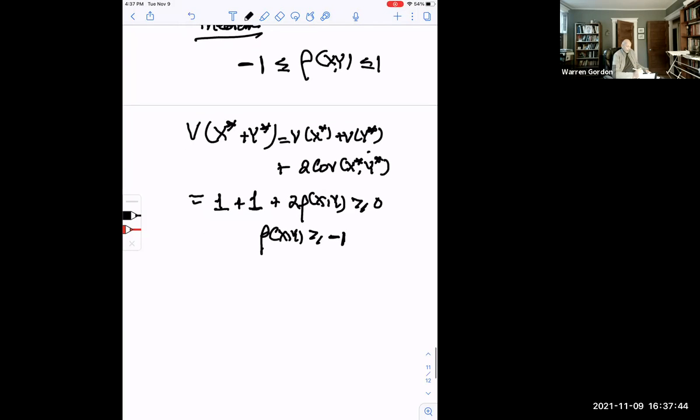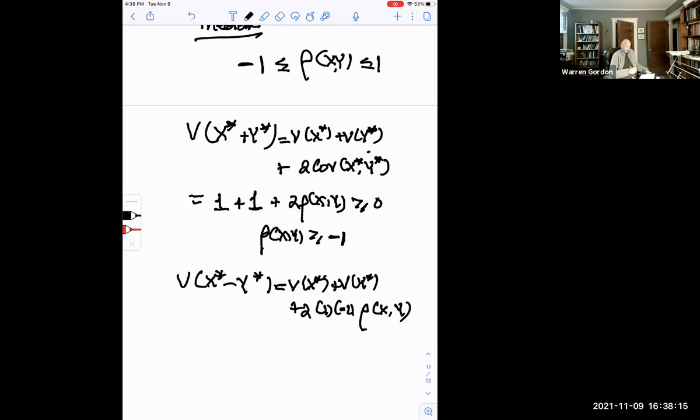Now I can do the exact same thing again and look at V of X star minus Y star, which is also going to be greater or equal to 0, by the way, because it's a variance and the variance is always positive. This is equal to V of X star plus V of Y star plus 2 times 1 times -1 rho of X, Y. Same reasons as before.